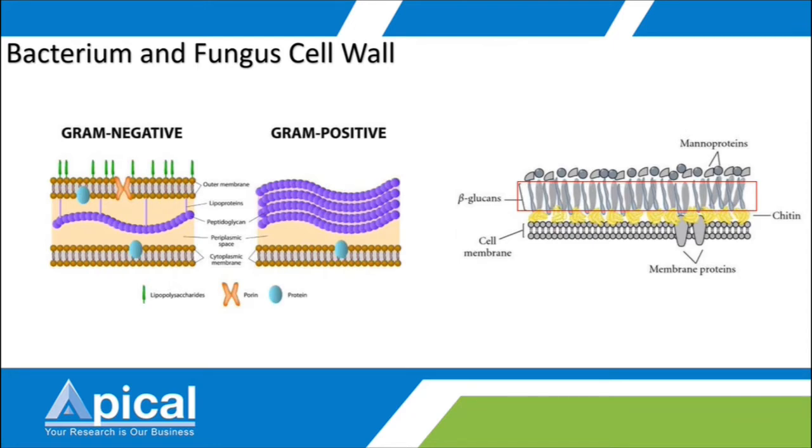So the glucan layer can be quite different, which makes it even more difficult for you to optimize the lysis process.